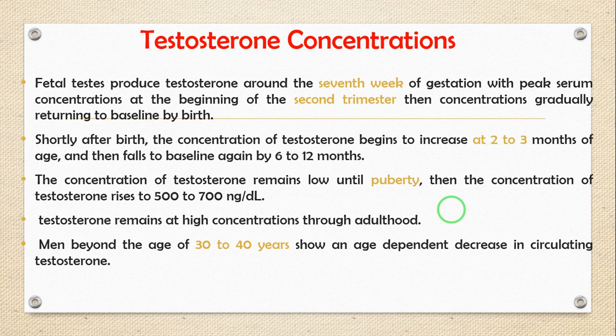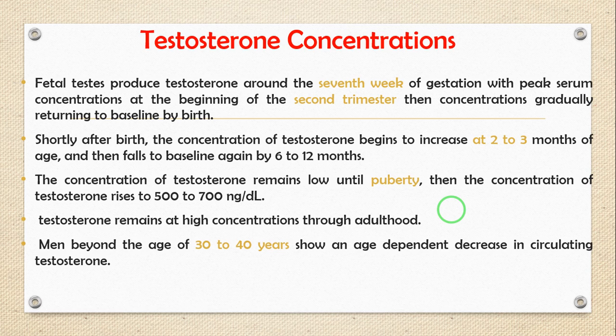So when we measure the level of testosterone at each stage, for example at the age of 5 years, we must interpret it and know the normal value, which differs from the concentration of testosterone, for example, at the age of 16. This is very important to make a good diagnosis.